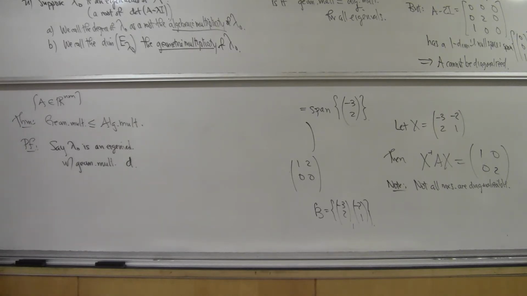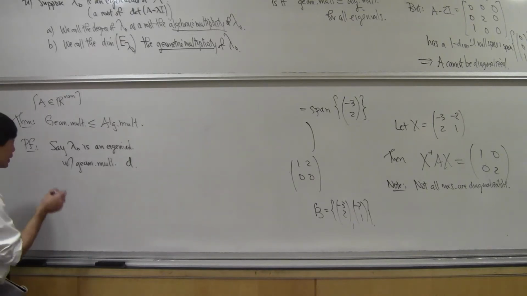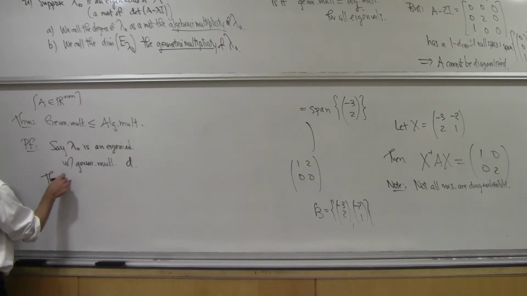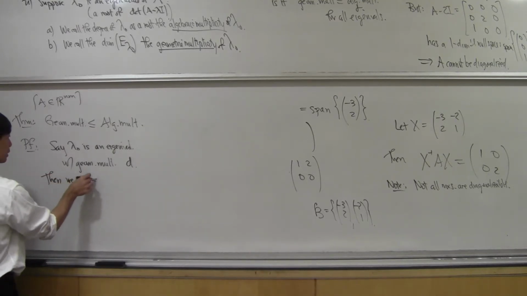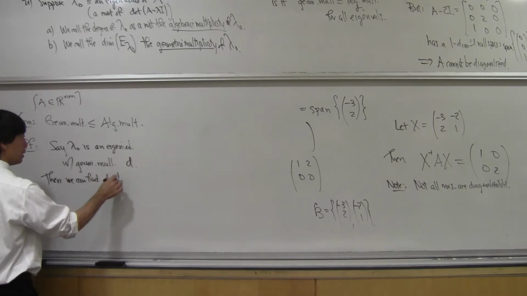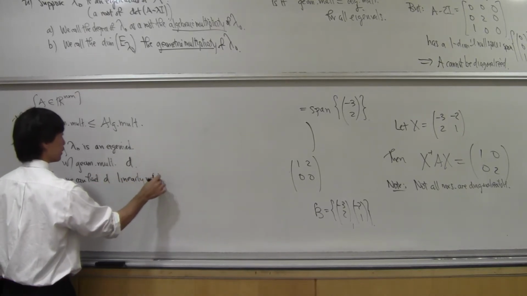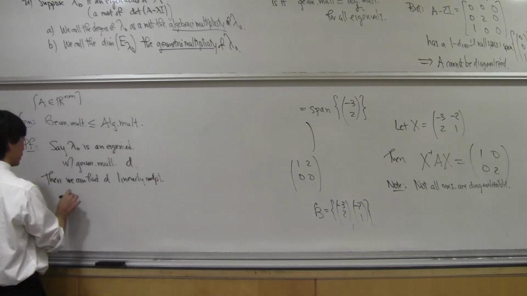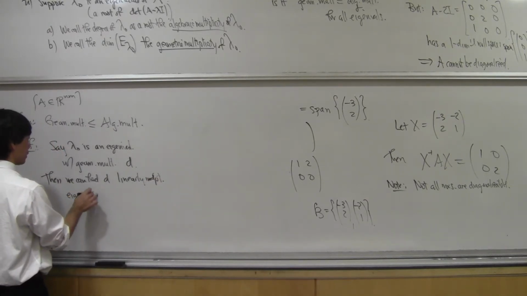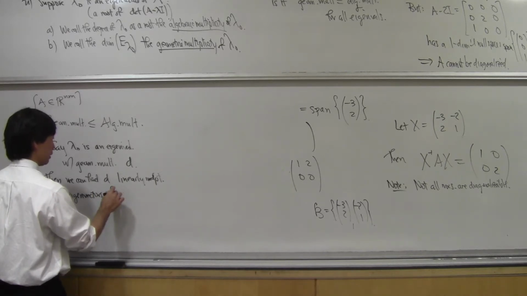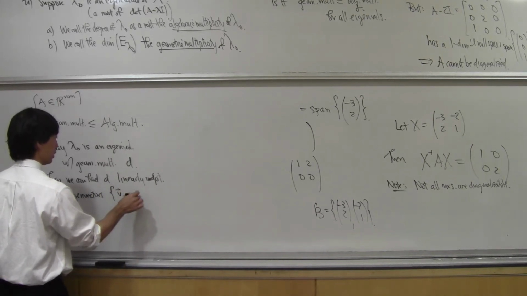In that case, we can find d linearly independent eigenvectors. Call them v1 through vd.